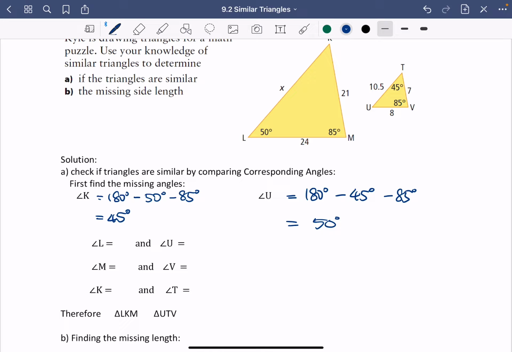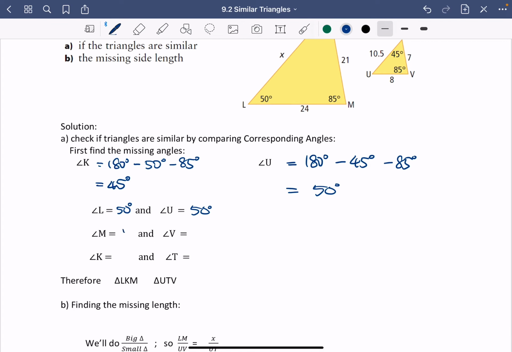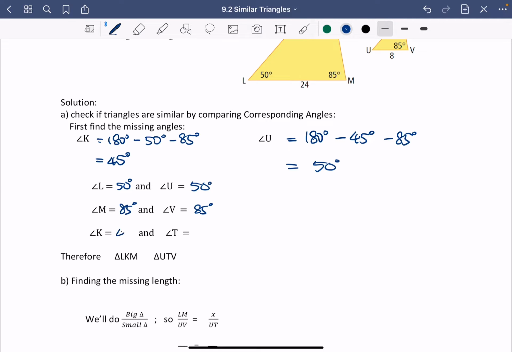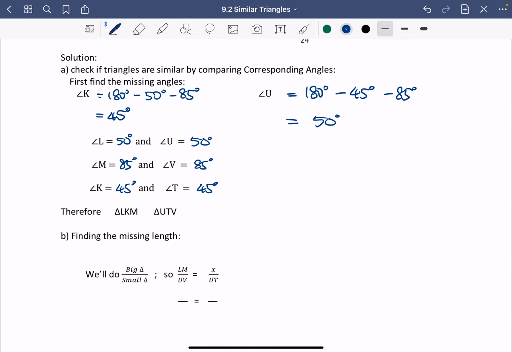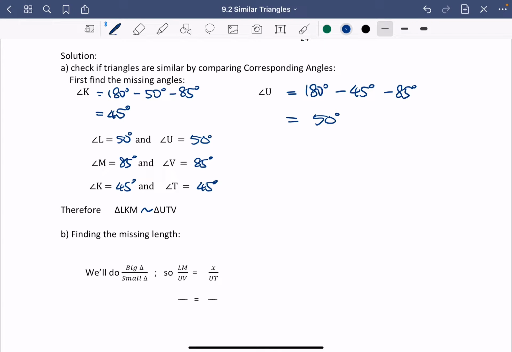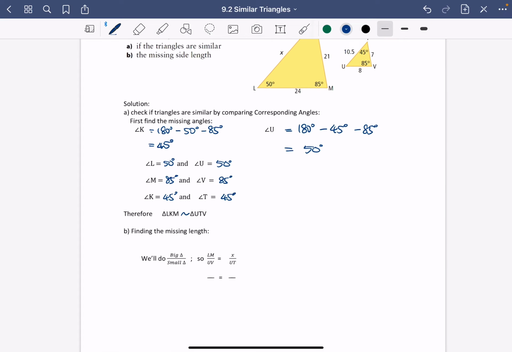Okay, so L is 50 degrees, U is, we found here already, 50 degrees as well. M is 85, V is 85, K is 45, and T is 45 as well. So, corresponding angles are equal, meaning that these two triangles are similar to each other.